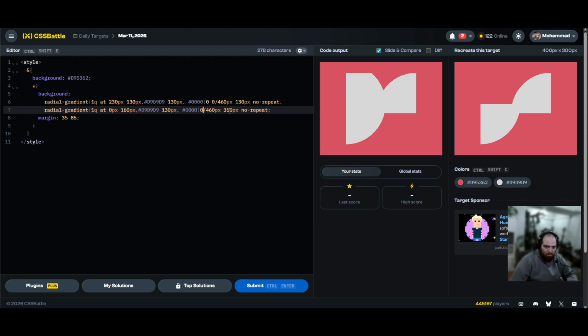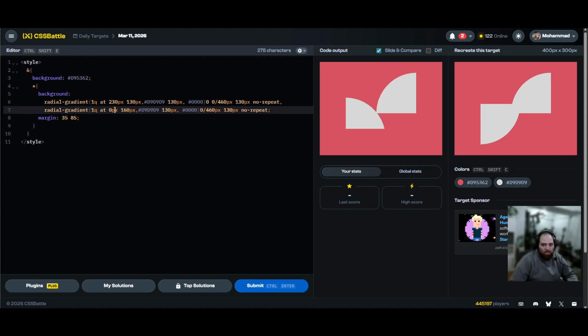Okay, I'm not sure what's happening. But now I need to move this 350. No, this should be the same. 130. 130 pixels, 460 pixels. It's just a matter of this.